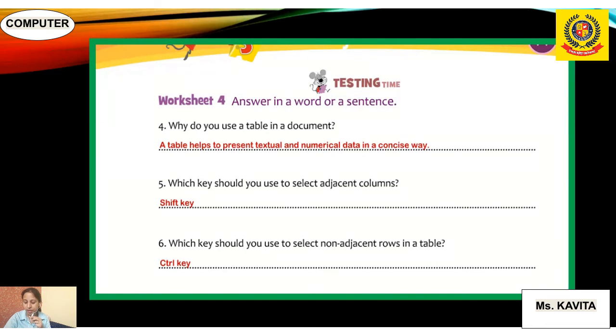Which tab contains options to apply style to a table? In table tools, design tab contains options to apply style to a table. Next, question number 3. What is meant by cell? A cell is an intersection of row and column.